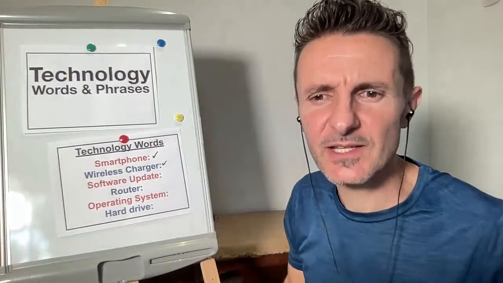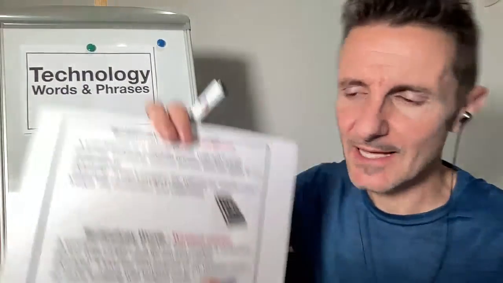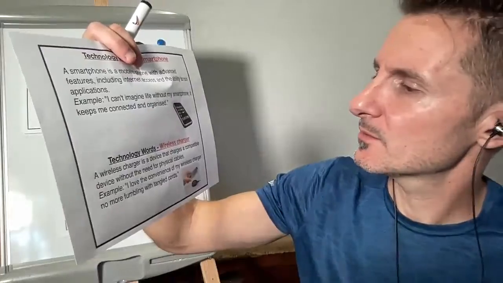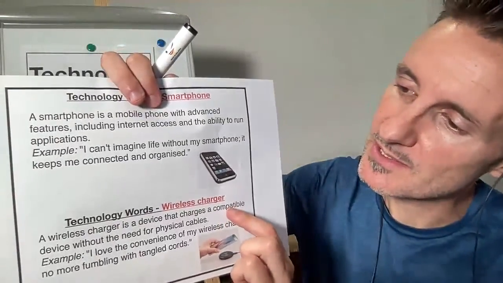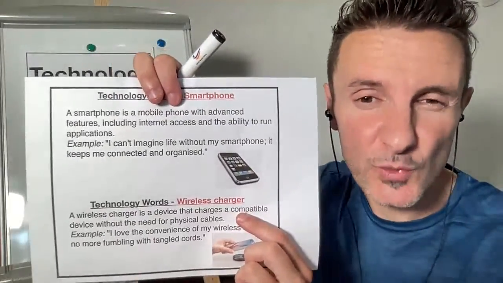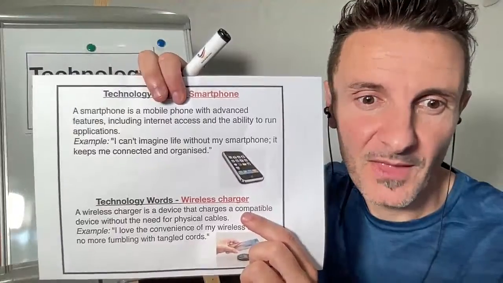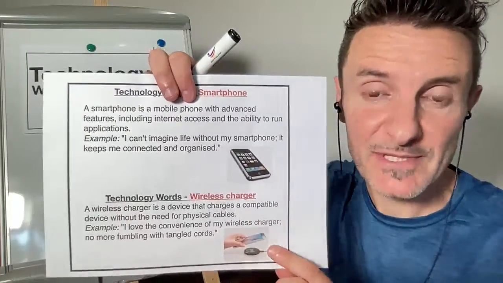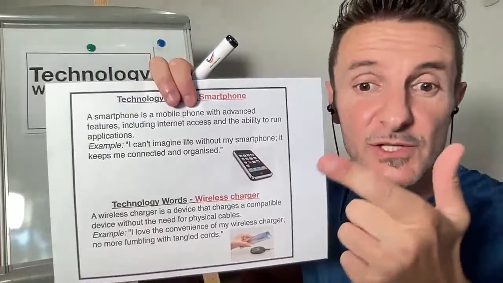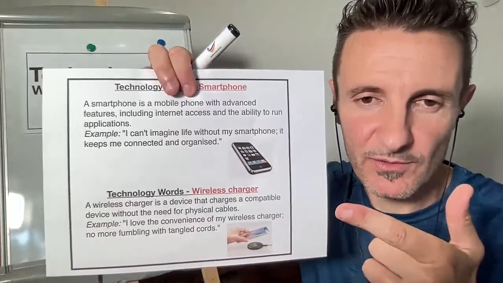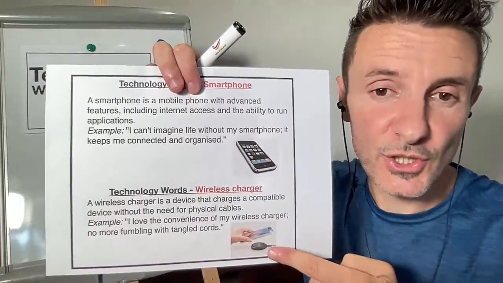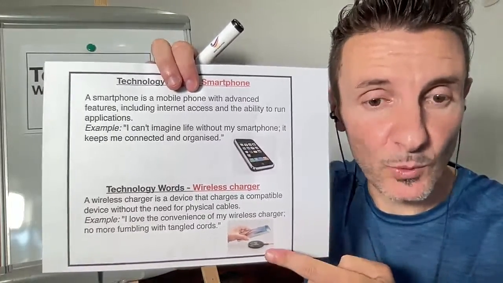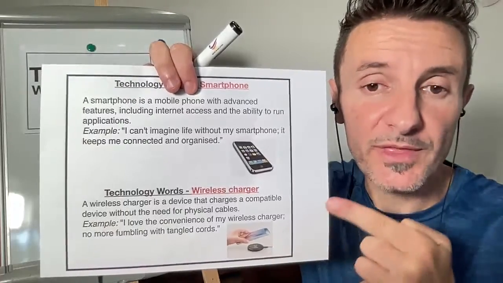Okay, so Lovely England has asked, compatible, what does that mean? Okay, so where's the word compatible? Compatible here means that it works with a certain kind. So for example, Samsung and Apple are two different kinds of smartphones. Now, your wireless charger has to be an Apple wireless charger to work with an Apple phone.